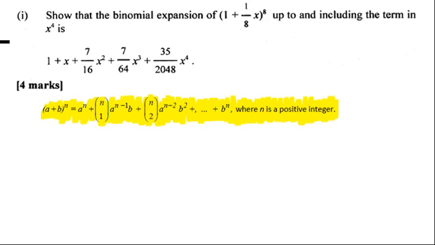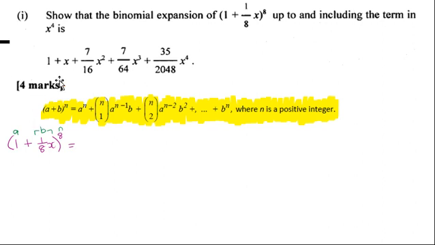All right, so we're going to expand 1 plus 1 over 8x to the 8th power. In this case, you can see that my a is 1 and my b is 1 over 8x and my n is 8. So the a is 1, the b is 1 over 8x, and the n, the power, is 8.